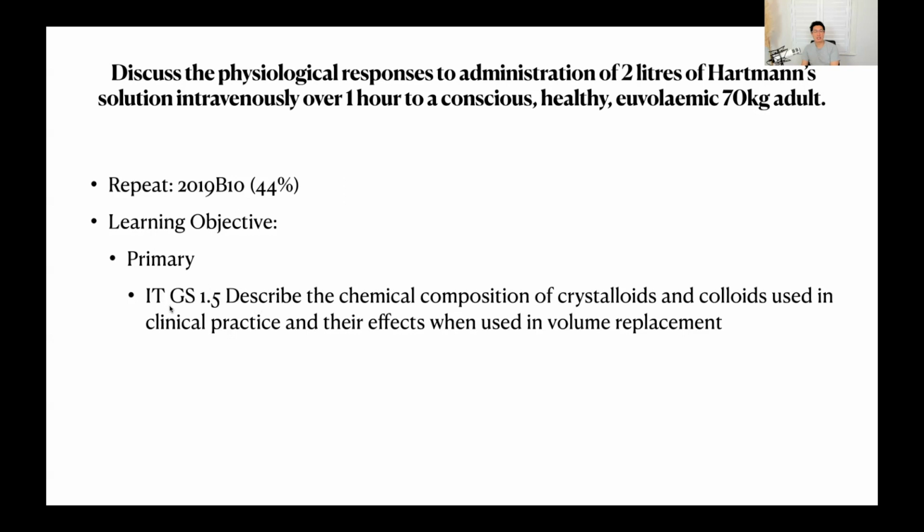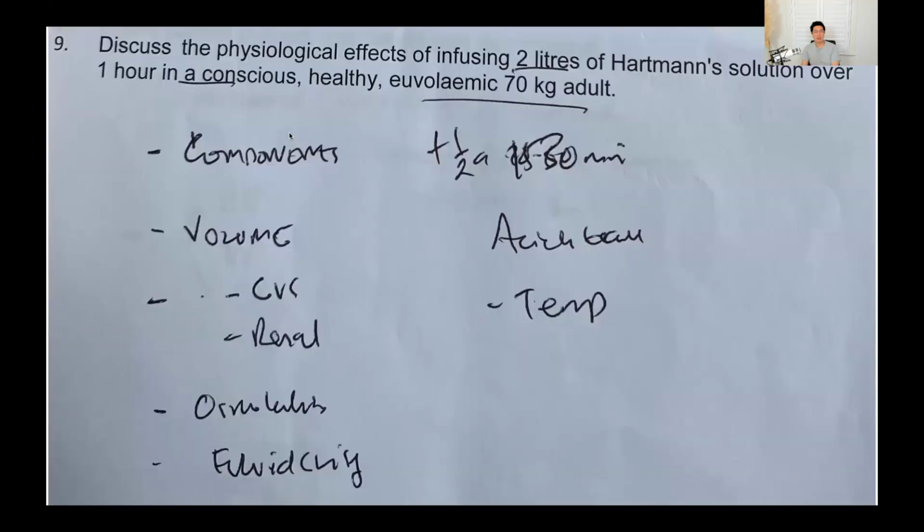And this is based on ITGS 1.5, which describes the chemical composition of crystalloids and colloids used in clinical practice and their effects when used in volume replacement. And this would be the structure here. So make sure that you know what the components of Hartmann's solution is.